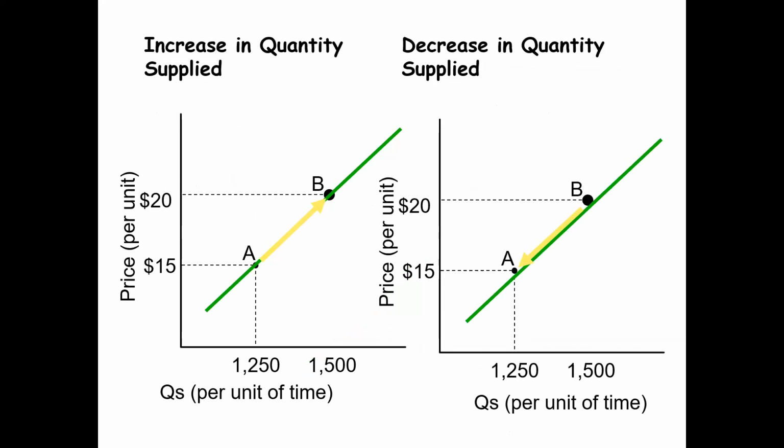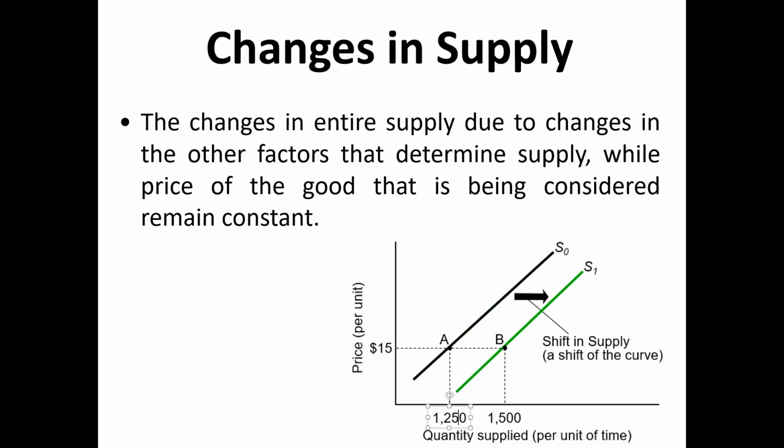Other than price, if there's any change in other factors, the supply curve shifts. For the outward, or right-hand side shift, a lot of factors will affect it: reduced cost of production, favorable weather conditions, advancements of technology, and an increase in the number of organizations.